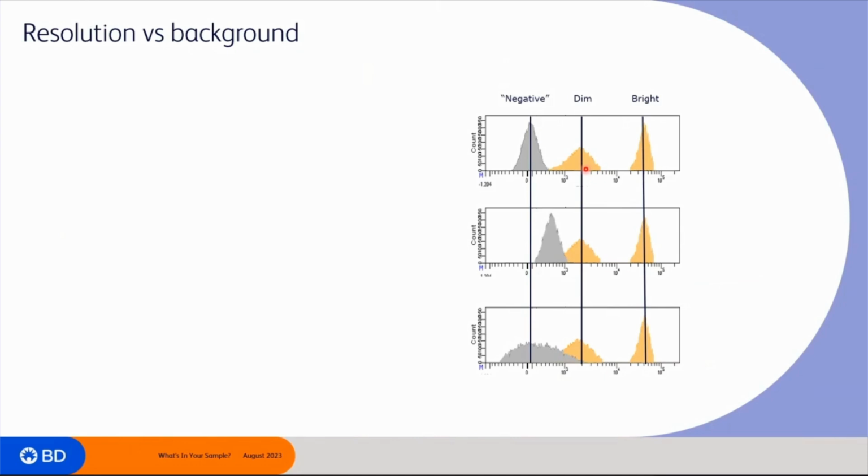Notice that the MFI values of the bright and the dim population are the same in the three samples, but the stain index might change depending on the negative population. The top example shows that the negative population has low background, and you can, in this case, confidently gate out the dim population. So this is the ideal situation.